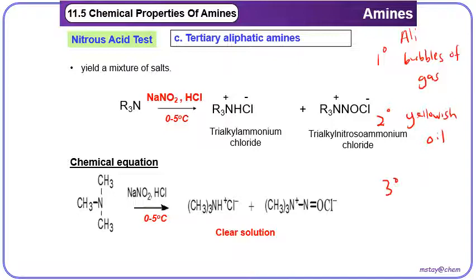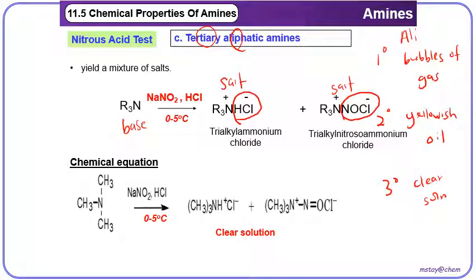Because the tertiary amine does not have a hydrogen, it is the base, and the nitrous acid will be the acid. Acid and base basically will produce a salt. If it is a salt, we will get a clear solution. So basically you add on the HCl and also the NO+Cl-.